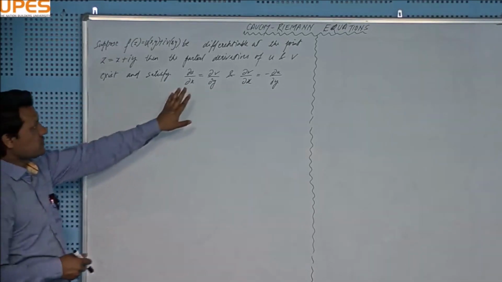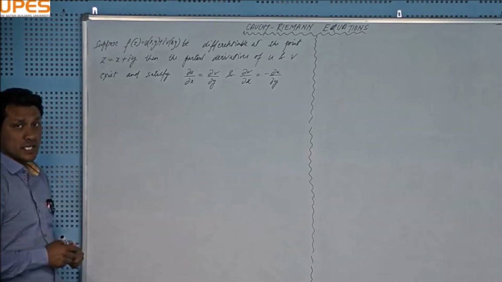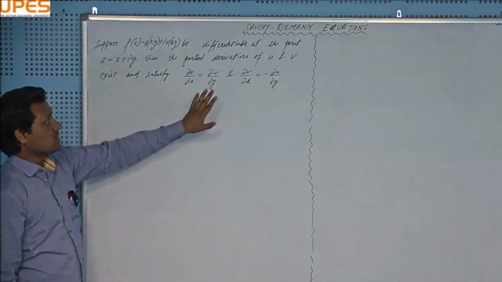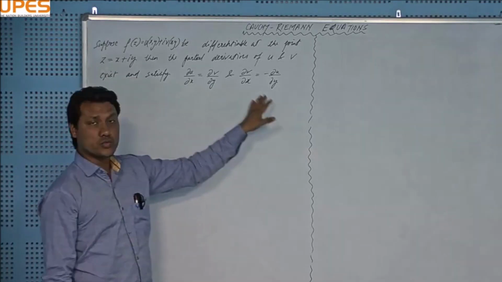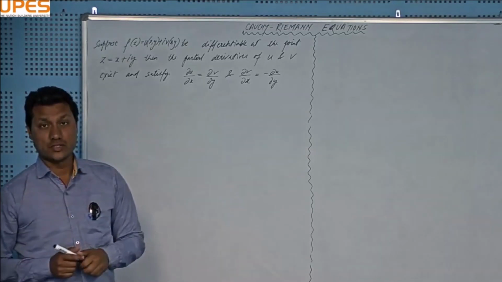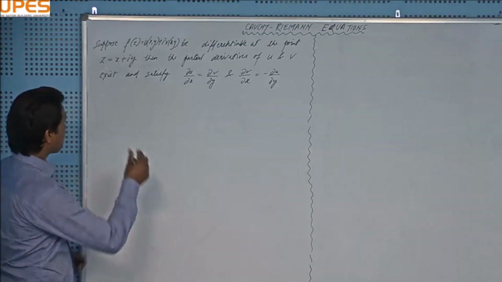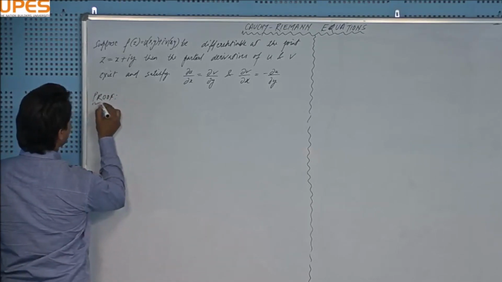So we'll try to prove why they hold, why they are necessary. If a function is differentiable, then these conditions are necessary, right? Or you can say that these Cauchy Riemann equations are just the consequence of a complex differentiable function, right? So we have a small proof for it.